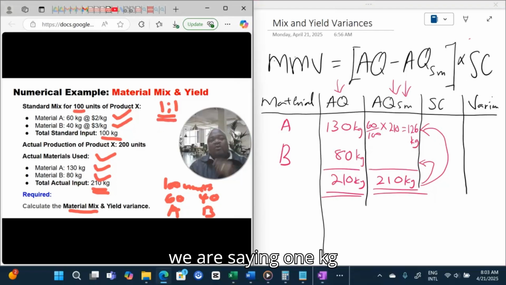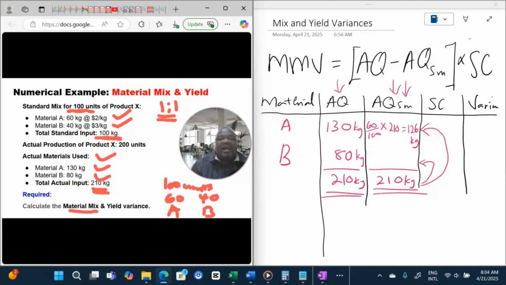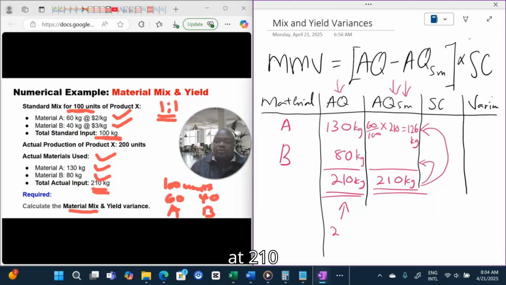Remember, we are saying 1 kg produces 1 unit. Why? Because when we budgeted, we were saying 100 kgs, we're aiming to produce 100 units. So if we are looking at the actual quantities of 210 kgs, we should be looking at 210 units.